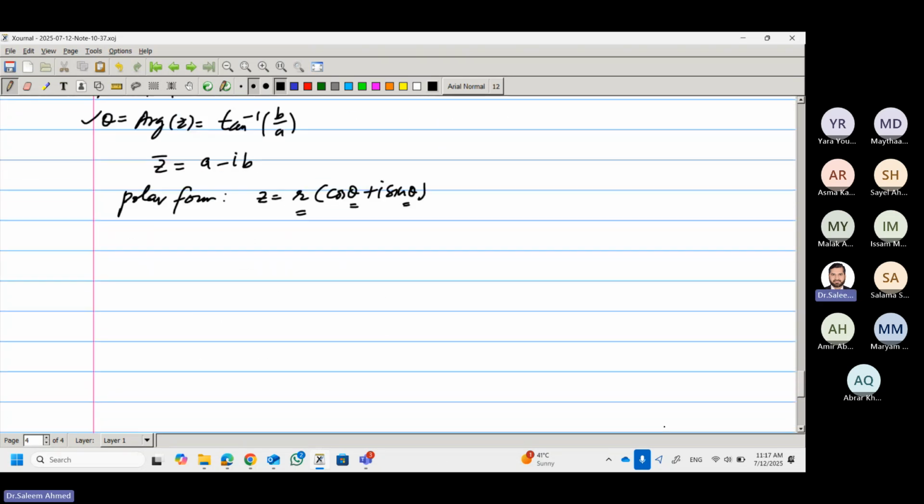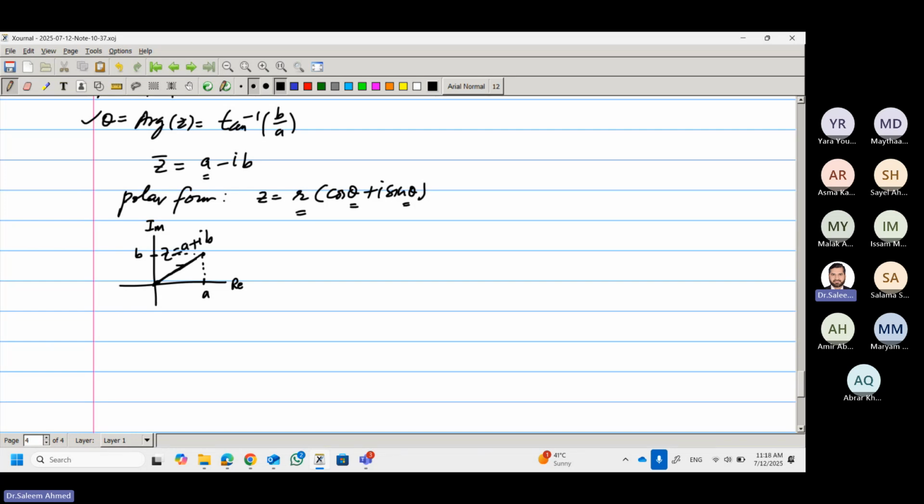There was how to show a vector on an xy plane. X is always the real axis, y is the imaginary. So the real part a goes here, and the imaginary part b goes here on the y-axis. If you get a point (a, b), this vector is basically your complex number z equals a plus iota b.